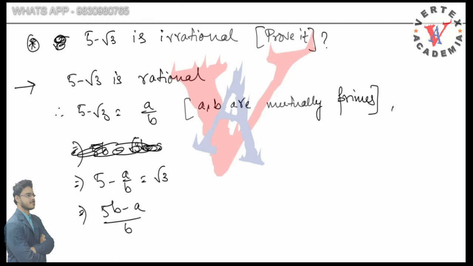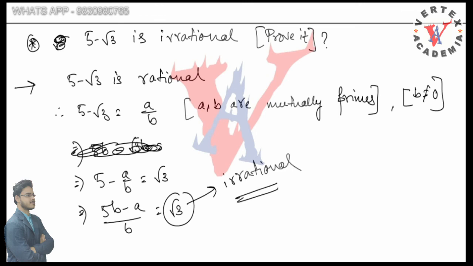One thing I forgot to mention in the previous one, you just check it, b not equals 0. So now root 3, this is irrational, and a, b, these are mutually prime.